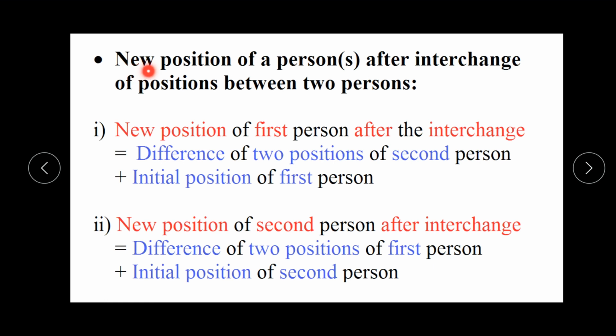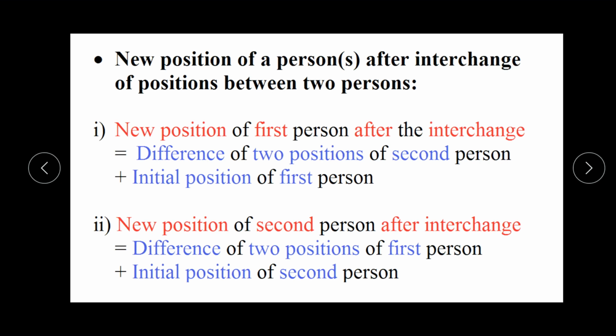The next type: new position of a person after interchange of positions between two persons. It means there are two persons in a queue, and if they are interchanged with each other, that time we will find out the new position of one person. But how will we find out what is given?